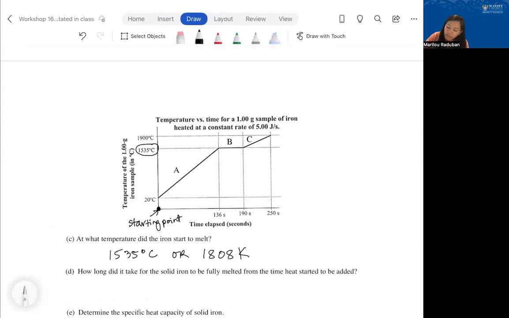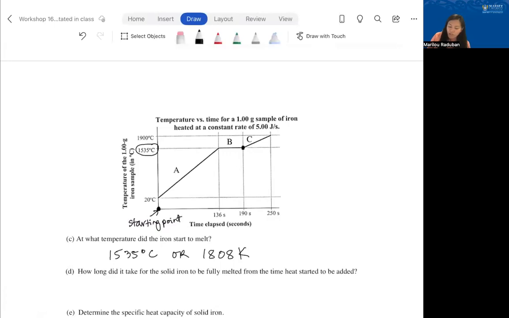We've identified that section B is when iron is melting, and section C is when iron has fully melted, so it's only liquid iron, and you have this increase in temperature. That means just before the temperature of liquid iron starts to increase, you have fully melted all of the iron. Looking at the x-axis value, that's a time of 190 seconds from the starting point.